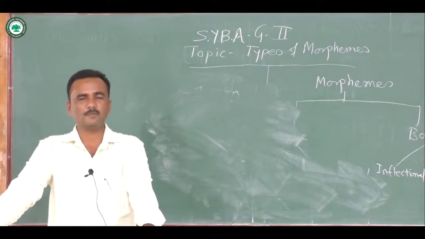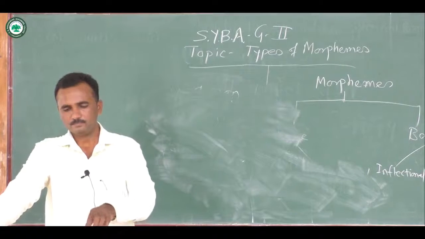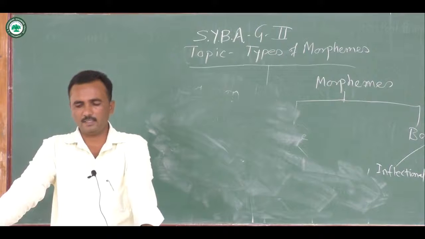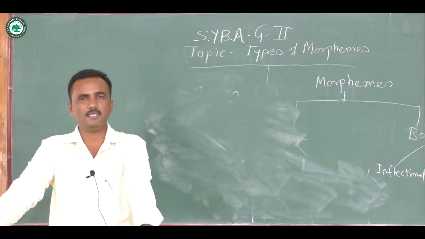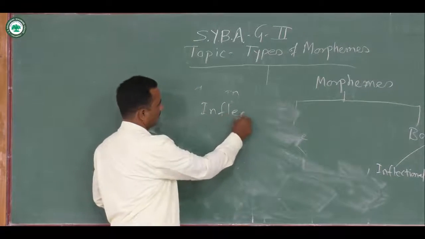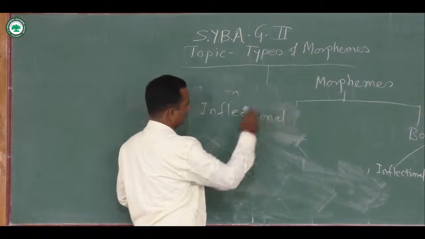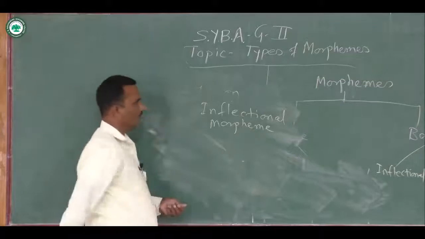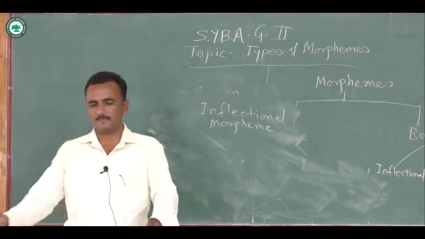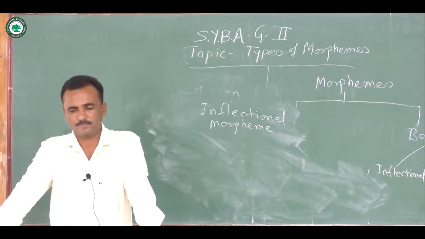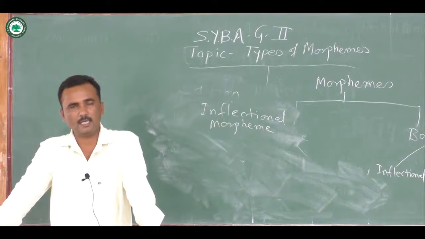So derivational morphemes are used to make new words by changing the grammatical category of the stem to which they are attached.